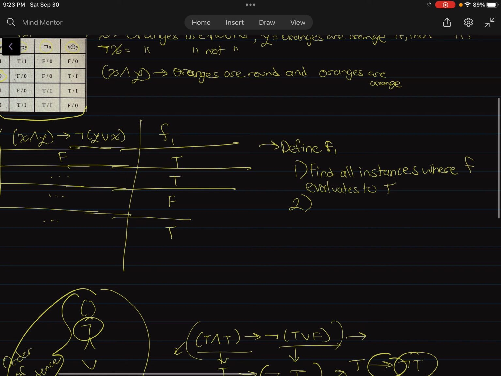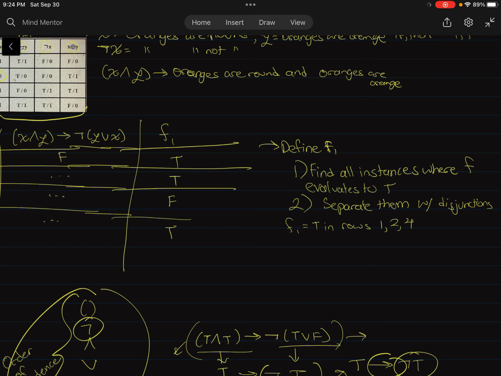And step 2 is just separate them with disjunctions. And you're done. So how do we see this in practice? Well, we can see that f of 1 evaluates to true in rows 1, 2, and 4.